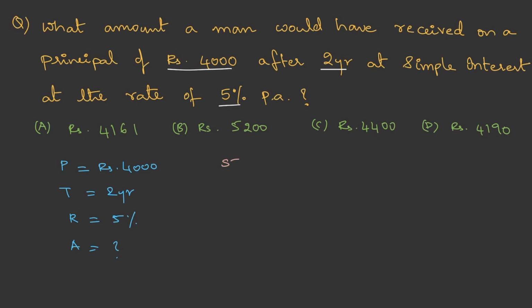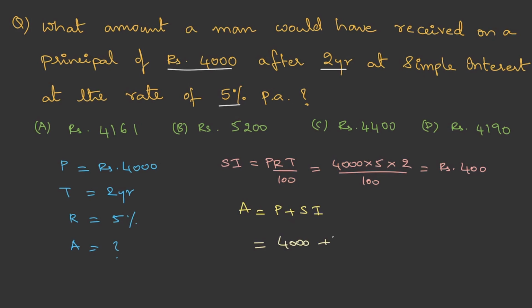Now we already know simple interest is PRT by 100, that's 4,000 into 5 into 2 by 100, which is rupees 400. Then amount is principal plus simple interest, that is 4000 plus 400, rupees 4400. Therefore the option is C.